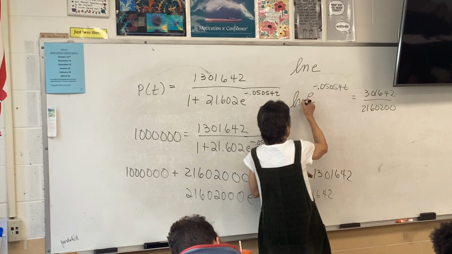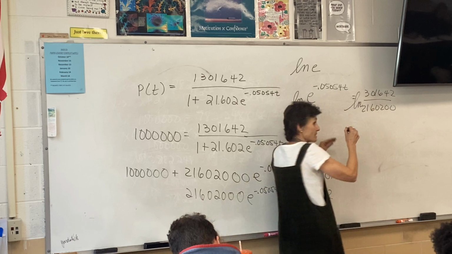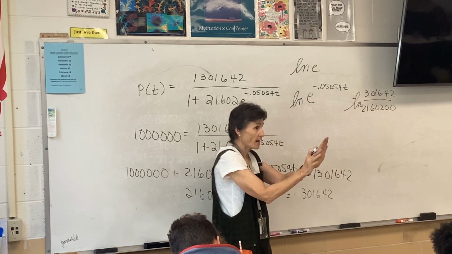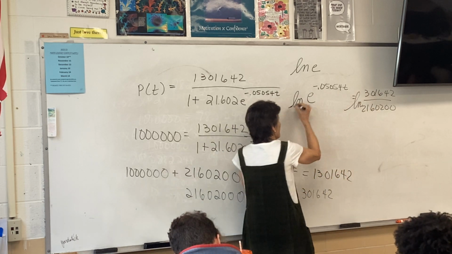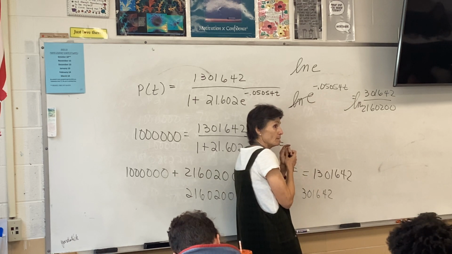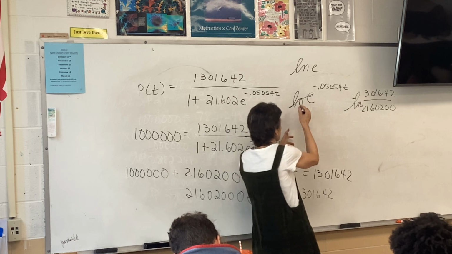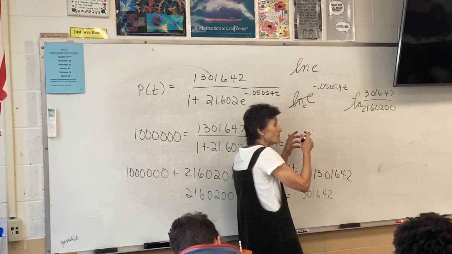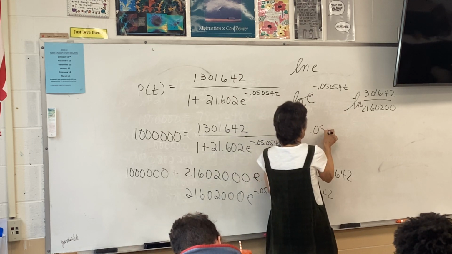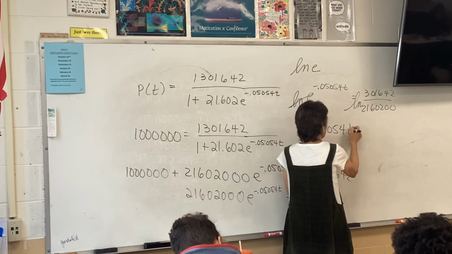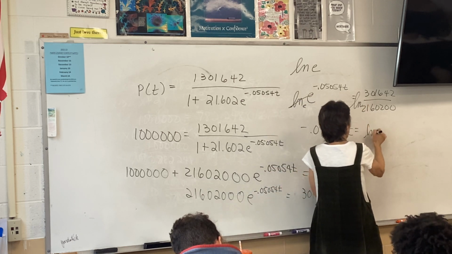So I'm going to ln both sides. So Tess, I'm still lning both sides. But those are going to cancel because e is the base of the logarithm. So this is like log base e of e, they cancel. So negative 0.05054t equals ln of that fraction.